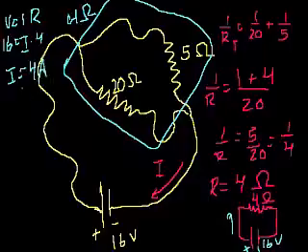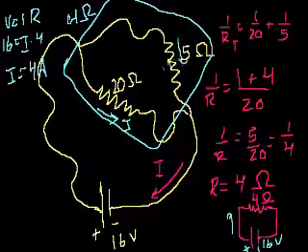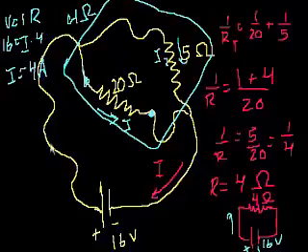So let's do something interesting. Let's figure out what the current is flowing through each resistor. What's the current I1? And what's this current, I2? Well, we know that the potential difference from here to here is also 16 volts, right? Because this whole thing is essentially at the same potential, and this whole thing is essentially at the same potential.